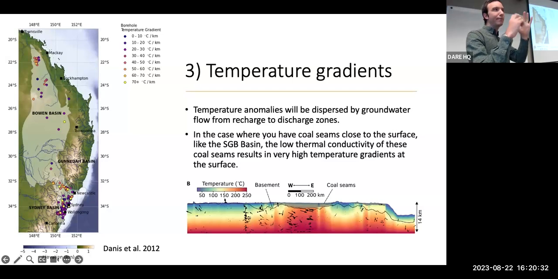These heat flow anomalies can get dispersed by groundwater. So if you have temperature wells around this coal seam showing elevated thermal gradients, that's a pretty good indicator. The wavelength of that dispersal tells you a little bit about what the groundwater flow velocity is around that coal seam.